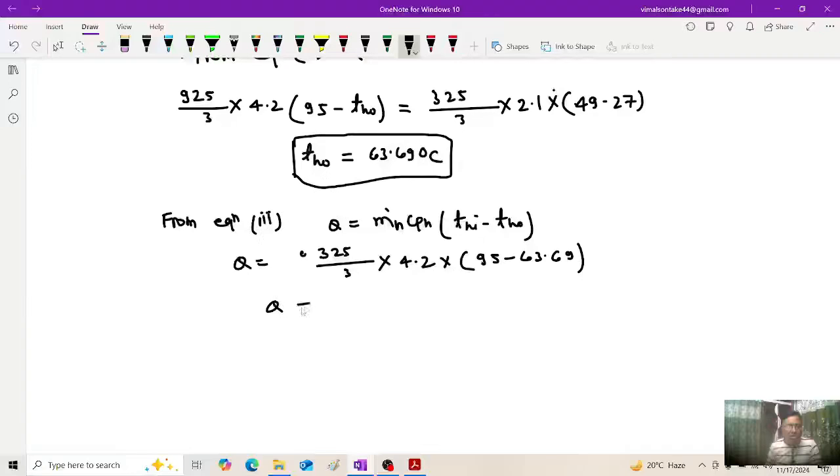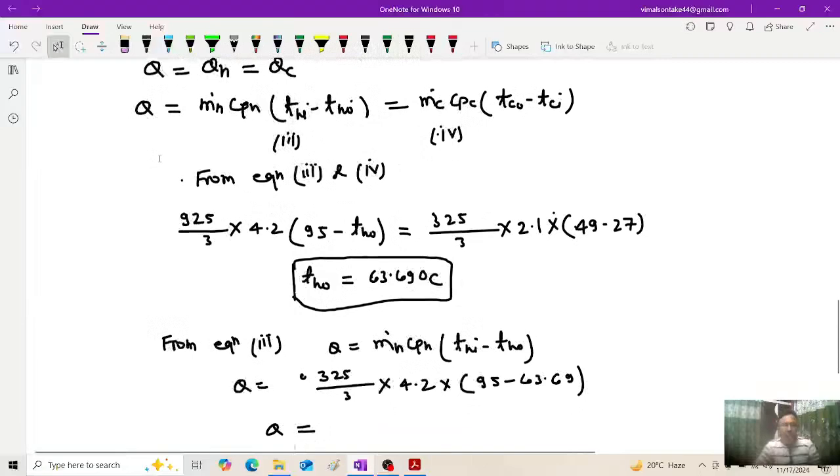So from here the value of Q comes out here in this equation. There is a calculation mistake. Let me correct this.